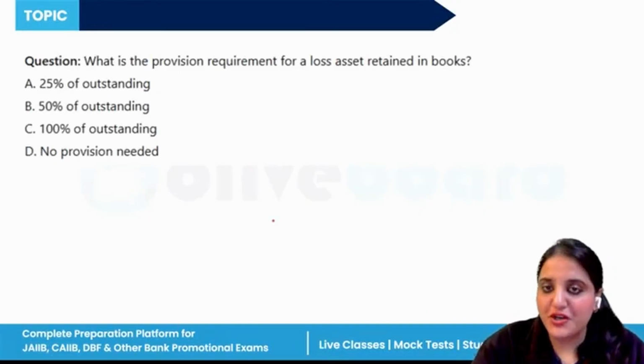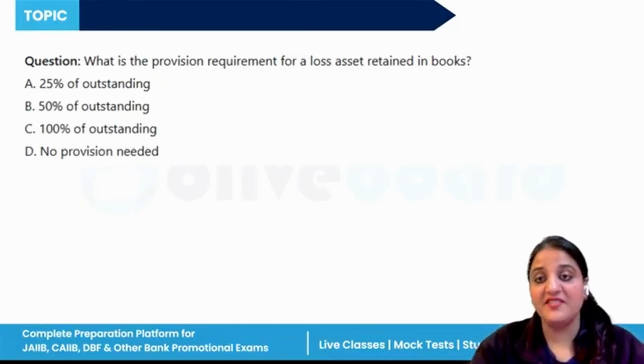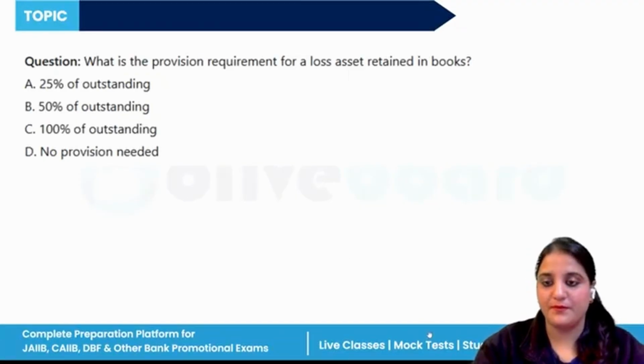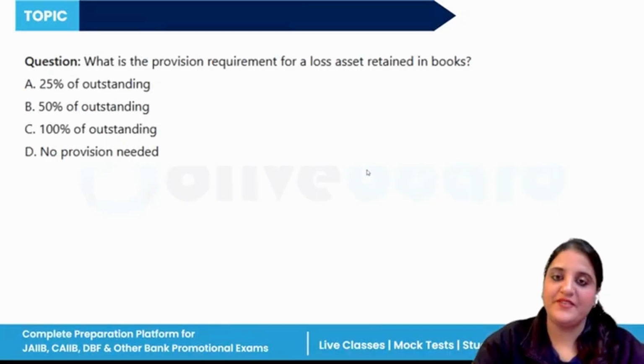What is the provision requirement for a loss asset which is retained in the books? Here we can learn with the help of an example.